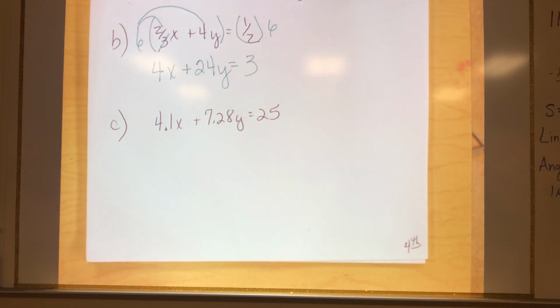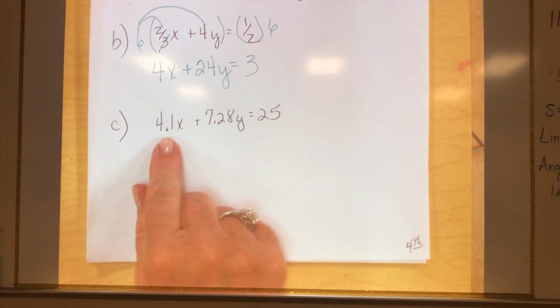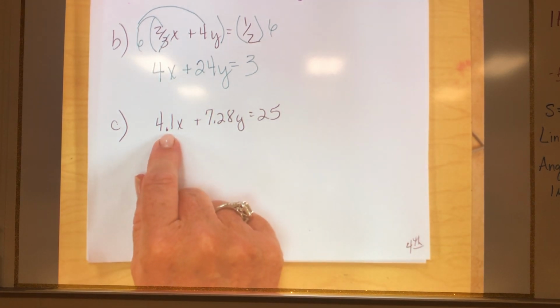Change them into fractions? That would be the difficult way to do it. I could do that, okay, but that would be really hard to do. Okay, let me ask you this. If I multiplied this guy by 10, what would that do to this decimal point?